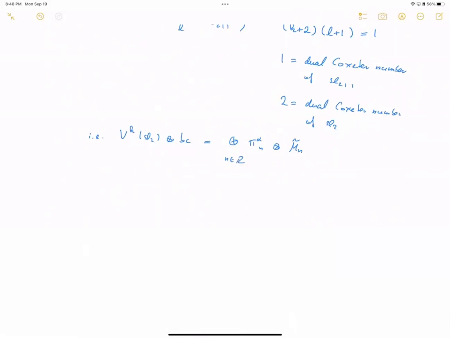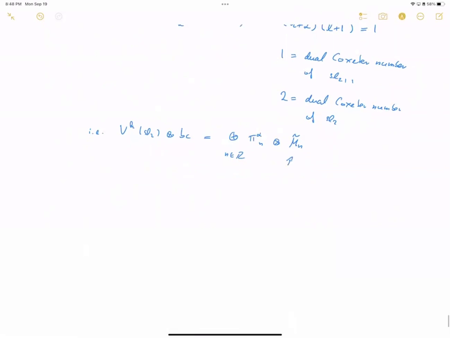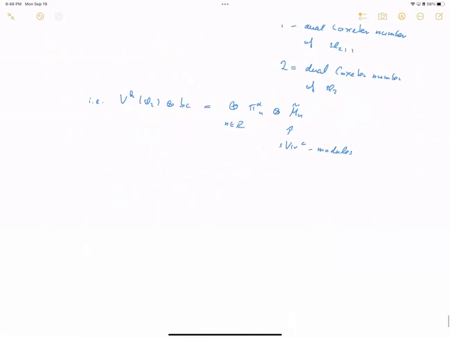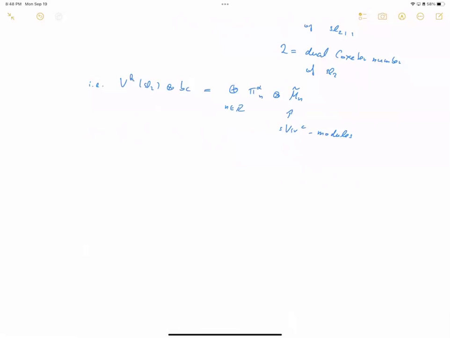The weight is an integer, and this m tilde n. What are these? These are certain super-Virasoro modules. And if I take k to be generic, then these are simple modules, otherwise not. Now, let me make a comment on the simple quotient. So if I take the lower index, I always mean the simple quotient.